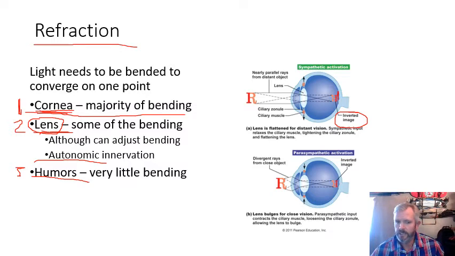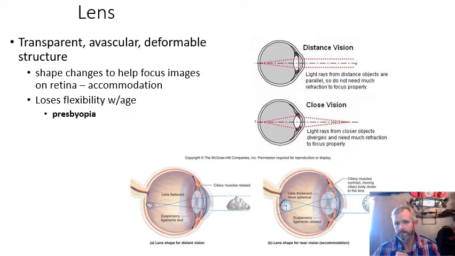The cornea we cannot change. With the cornea and humors, we can't adjust the refraction taking place, but with the lens we can adjust the refraction. Okay, let's see how this operates. For the lens, we can adjust it.